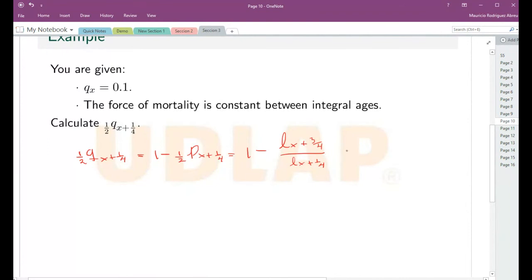And now what I can do here is use the same trick that I used before. Let's just divide up and down using this lx.